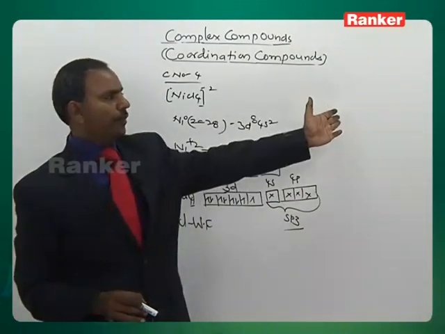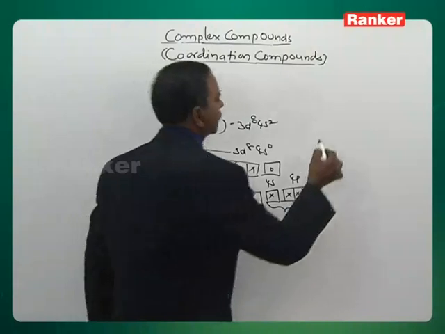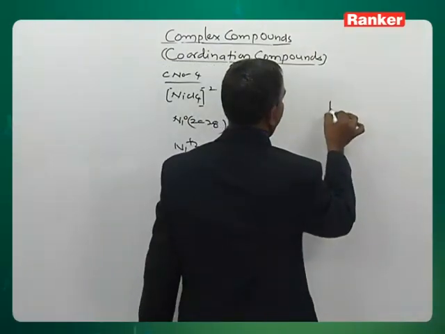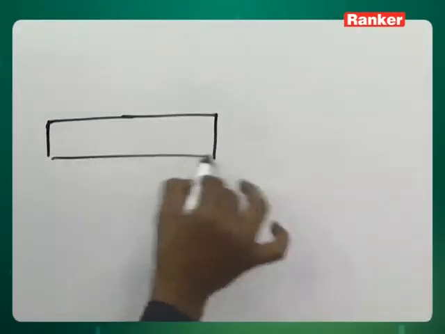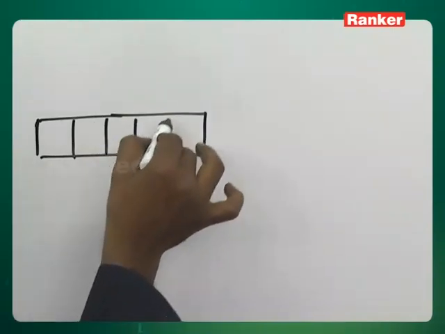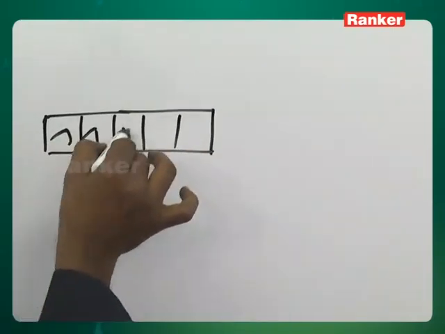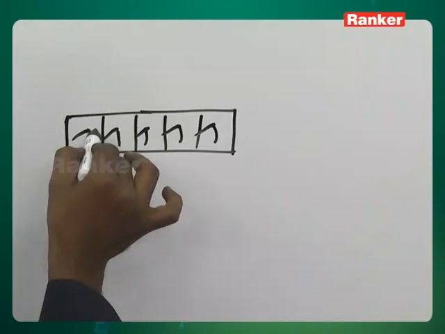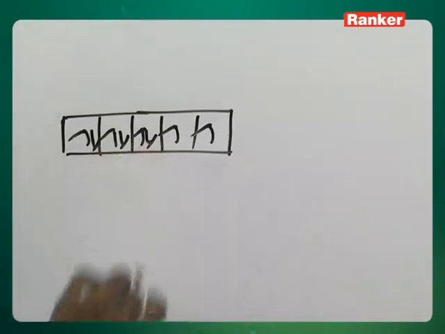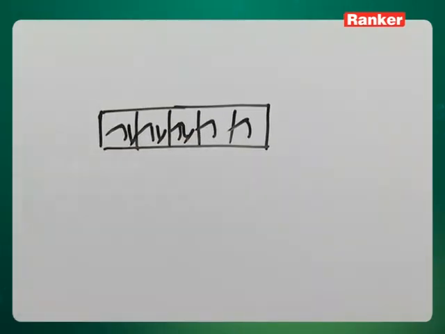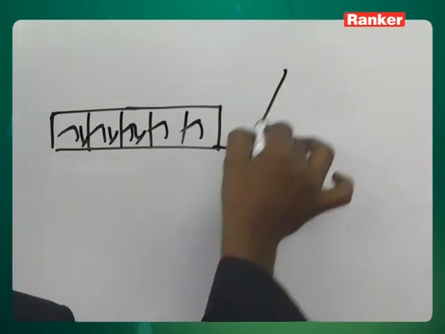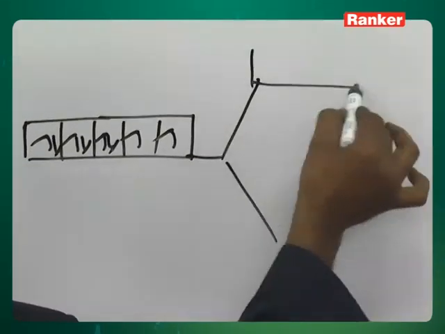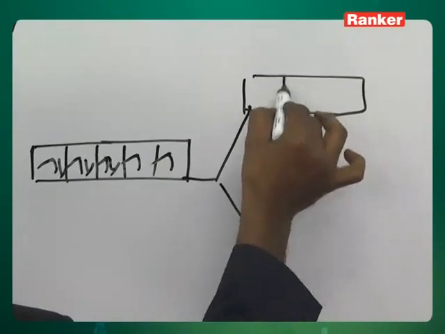Then let us show the splitting of d orbitals. Splitting of d orbitals, look here. Now you have to write the tetrahedral splitting. What is the coordination number? 4. Tetrahedral splitting, d8 electronic configuration, look here. In tetrahedral, recollect, the splitting is reverse. The higher energy level is what?